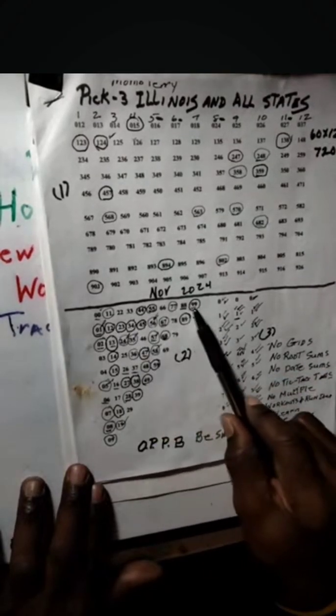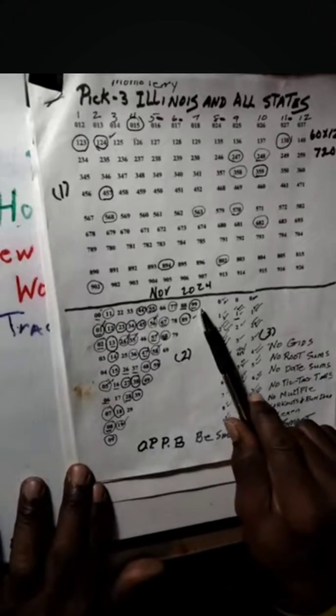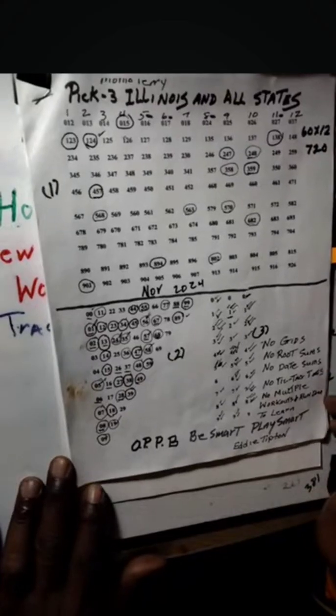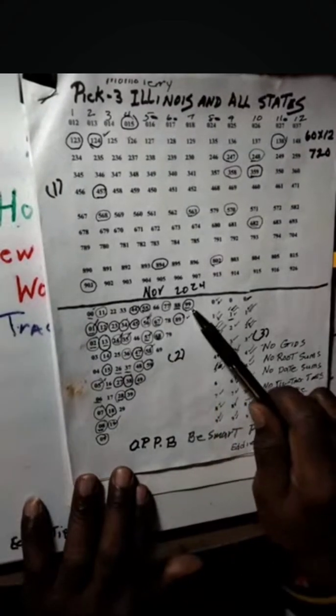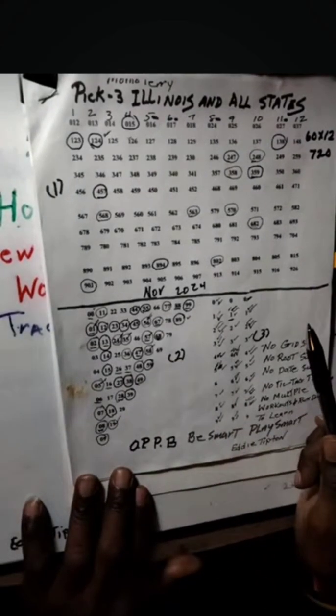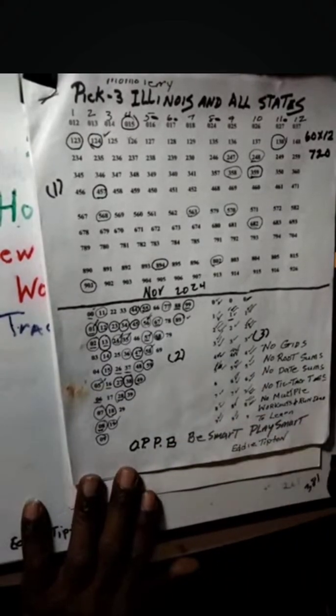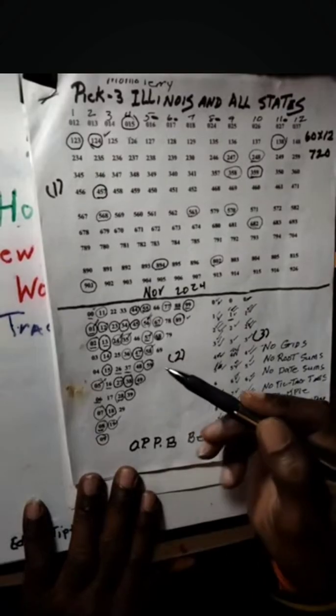Strategy number 2, what I do for single pairs, I want to know what pair didn't hit the previous month. Like this is November. And let's say what I do is I take single pairs and make a triangle.